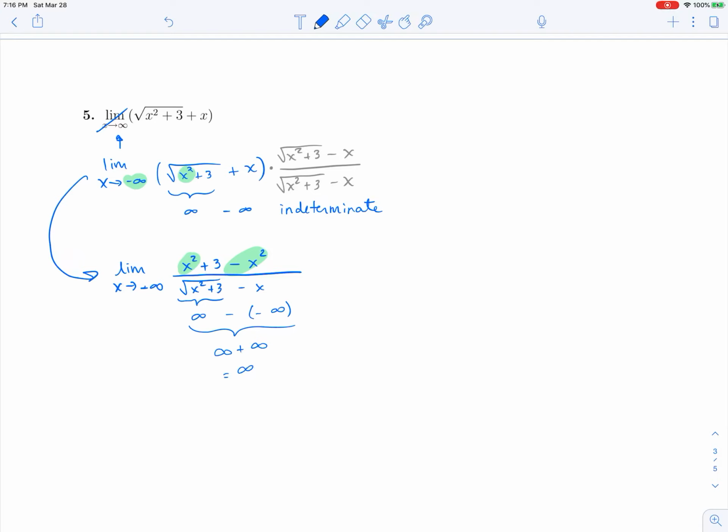Okay. And so that's the limit. The limit as x approaches -infinity of this function is actually, whoops, not infinity. Just kidding. The denominator is infinity, which means the limit is 0.